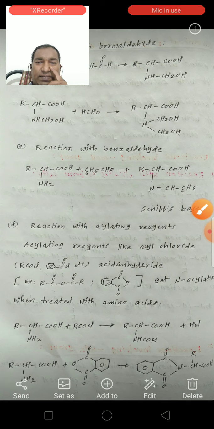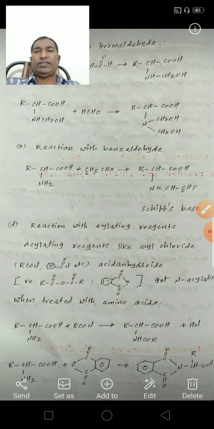So this is the reaction with the acylating agents.